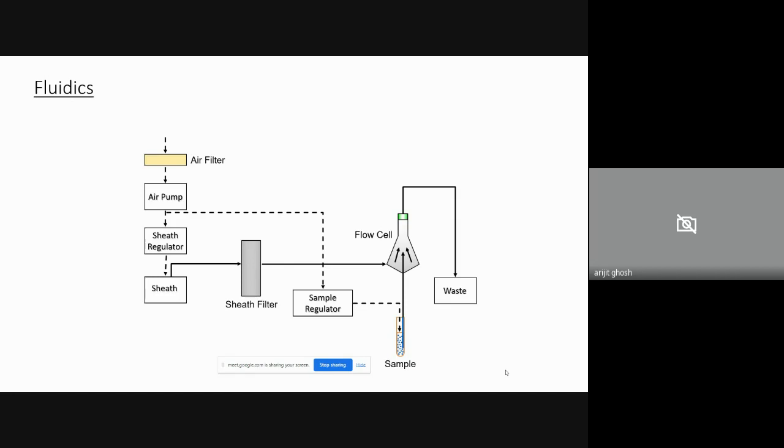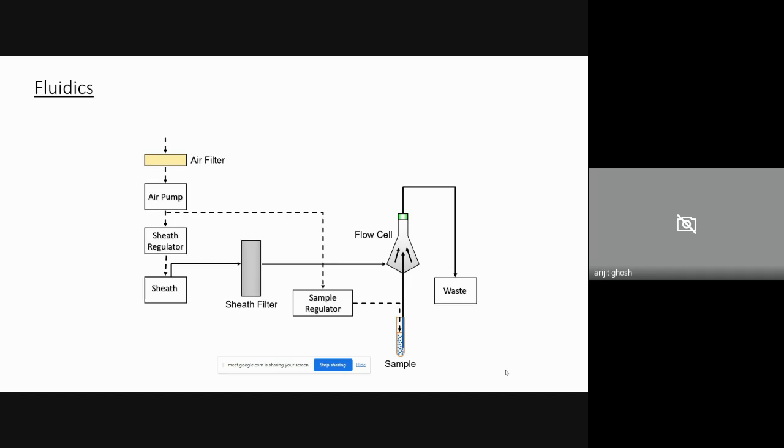The velocity of the sample is always higher than that of the sheath flowing in the flow cell, and the cells are hit by the lasers, and the emitted lights are detected by the photomultiplier tubes or detectors. Ultimately the sample goes to the waste chamber, as well as the sheath fluid.